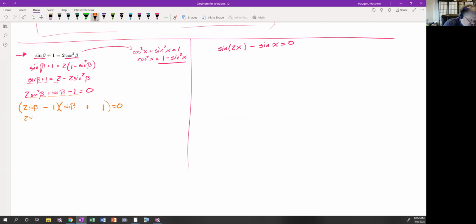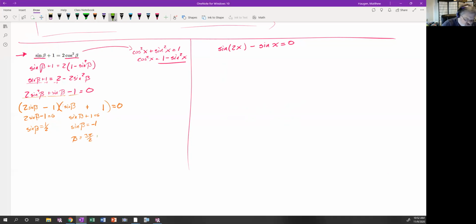So that means that 2 sine beta -1 equals 0 is going to be a solution. So sine beta equals 1/2. And sine beta plus 1 equals 0 is going to be a solution. So sine beta equals -1. If we're asked in the first rotation, we know sine is -1 when beta is equal to 3 pi over 2.